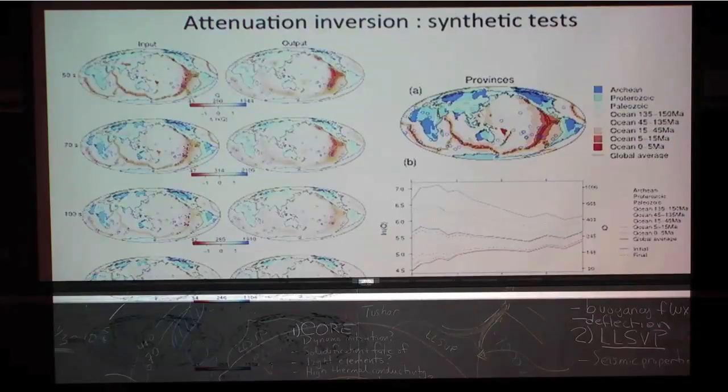And at 50 seconds, what is the sensitivity? Maximum sensitivity is at 70 kilometers depth, but you see a weighted average of the structure between the Moho and, if you are in an oceanic region, probably 200 kilometers.